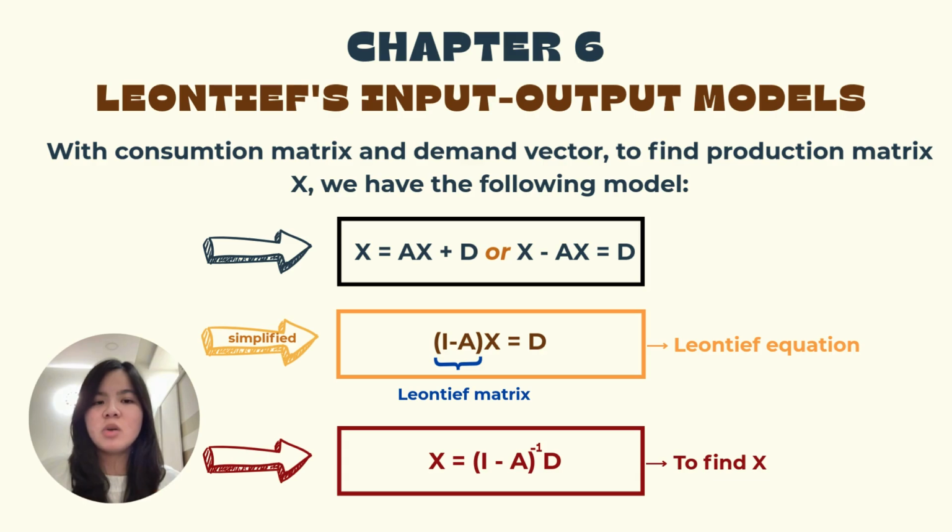Hence, we have the following model, where S equals AS plus D, or S minus AS equals D, and this can be simplified to (I minus A) times S equals D, where I is the identity matrix, I minus A is the Leontief matrix, and the whole equation is also known as the Leontief equation. And finally, S is found by this red equation, where S equals (I minus A) to the power of minus 1 times D.